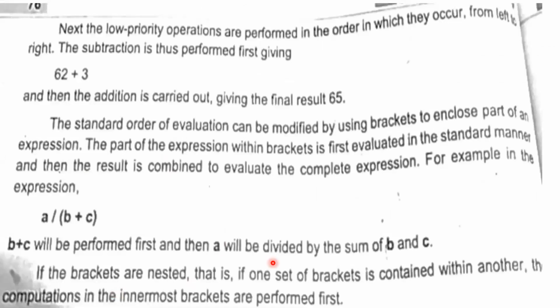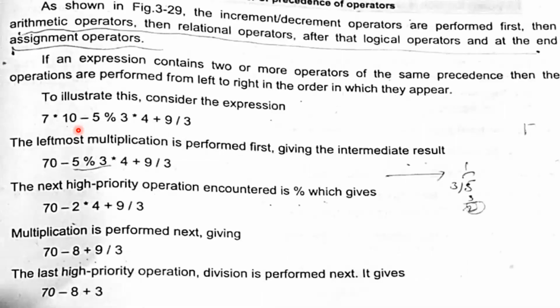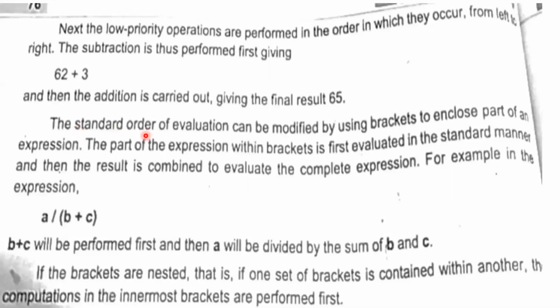Clear? The standard order of evaluation can be modified by using brackets to enclose part of the expression. Now, the second one: look, there were no brackets in this one. Now they say the standard order of evaluation can be modified by using brackets to enclose part of the expression. The part of the expression within the bracket is first evaluated in the standard manner. It means first we will evaluate the brackets.